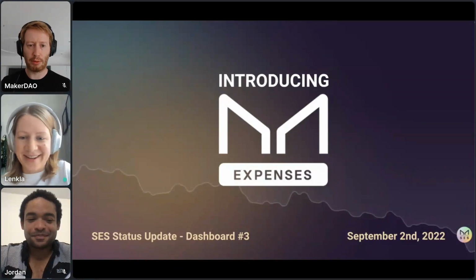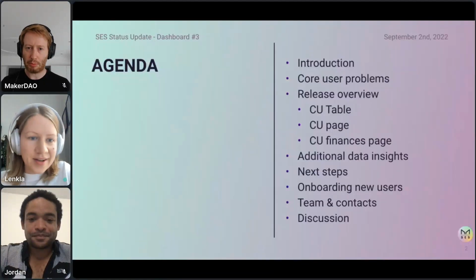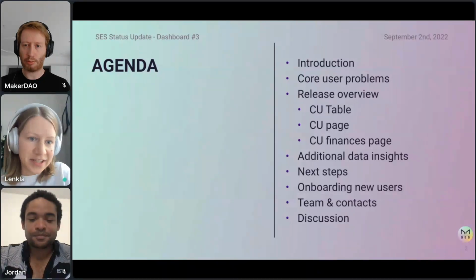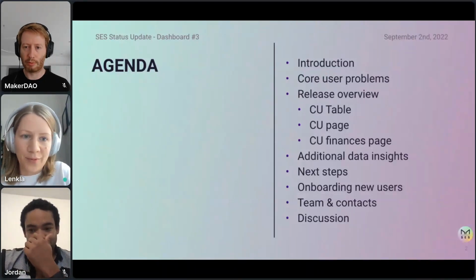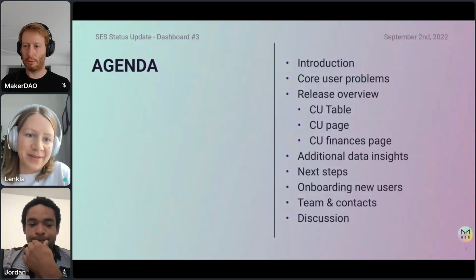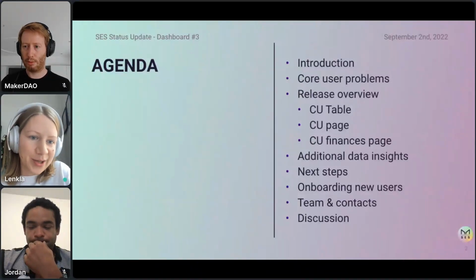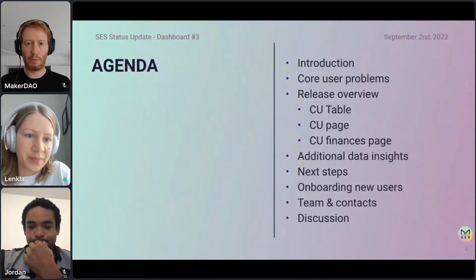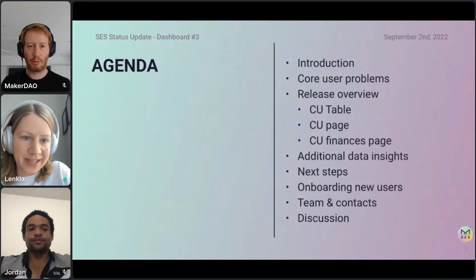So let's have a look at what's on the agenda today. I'll give a very brief introduction to this initiative, what this is all about, and basically what you can expect when you look at the dashboard. But to get a closer understanding of this, Jordan will take you through the core user problems that we have detected, assessed, and are looking to resolve with this initiative and with this release.